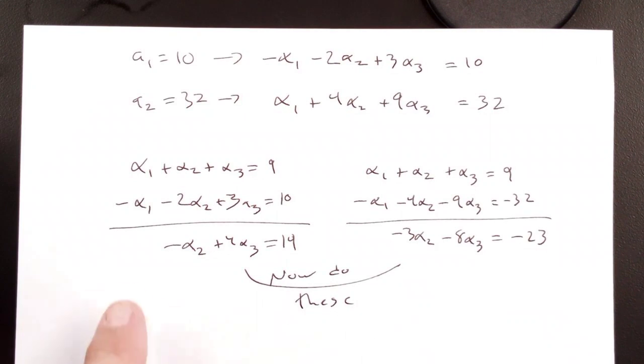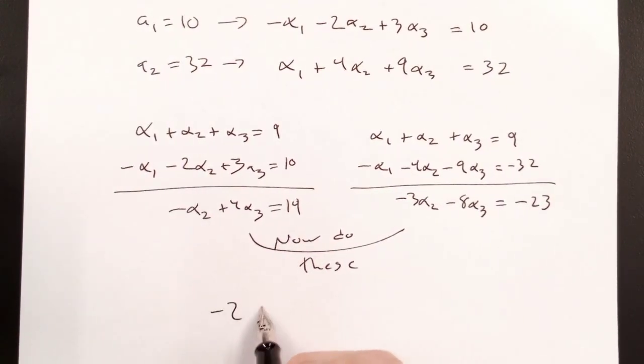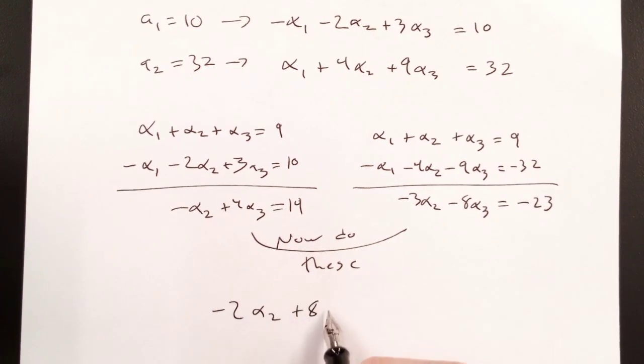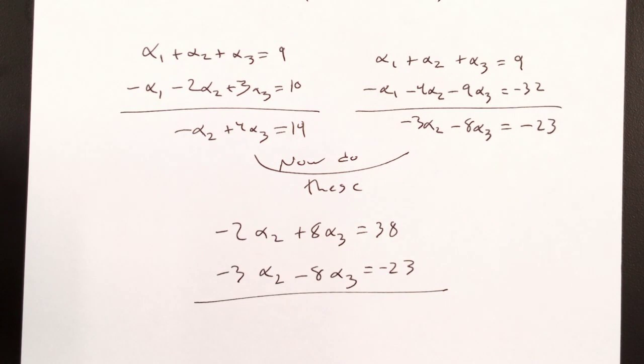Okay, so I'm going to take this equation and multiply it by 2. Minus 2 alpha 2 plus 8 alpha 3 equals 38. Over here, I have minus 3 alpha 2 minus 8 alpha 3 equals negative 23. What happens when I add those?